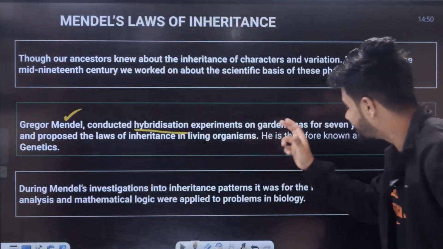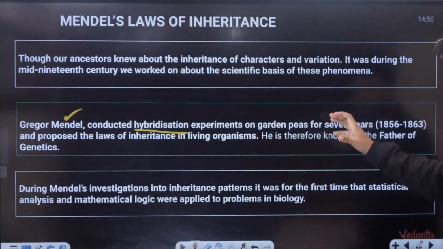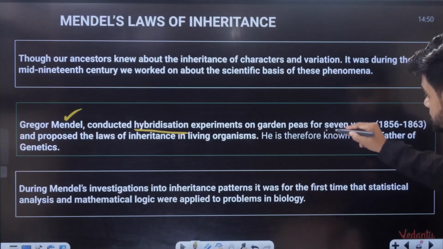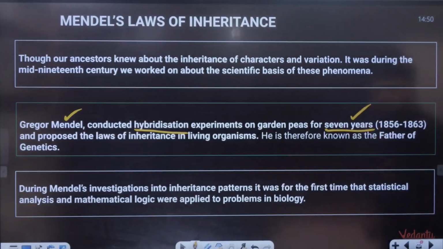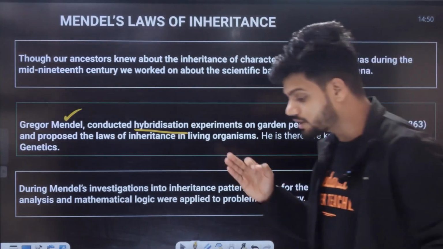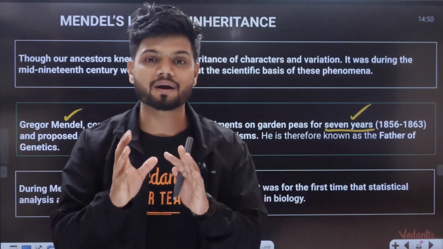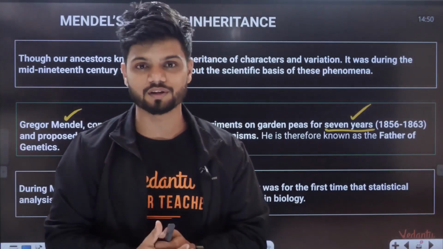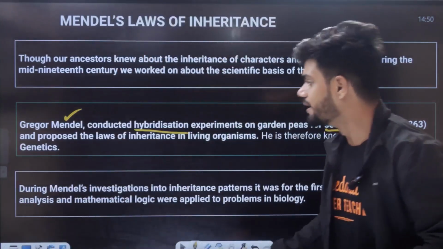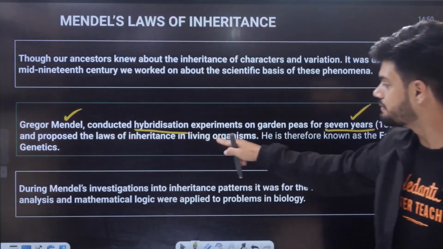On garden pea plants, for 7 years, a very important line, from 1856 to 1863, for 7 long years he studied pea plants and hybridization in pea plants. Gregor Mendel proposed the laws of inheritance in living organisms.